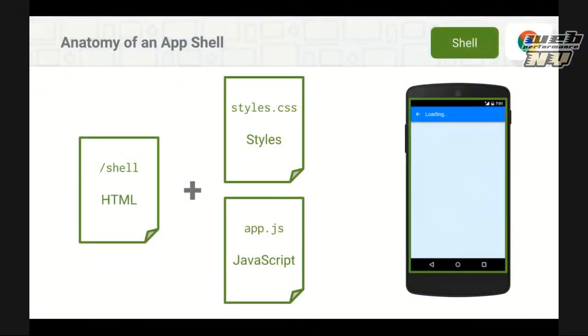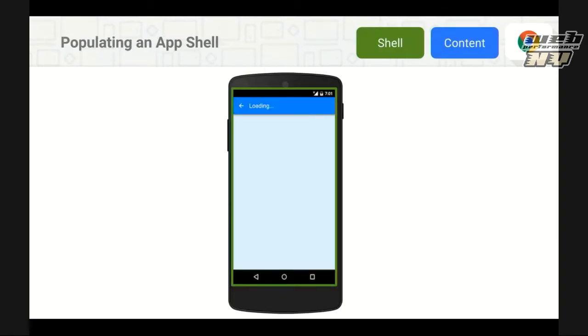So the idea is that you have this HTML, CSS files, and app.js, and that equals your app shell. Once the shell content loads, we fetch the dynamic content particular to a given URL. In our particular case, we're using the iFixit API to fetch that content.